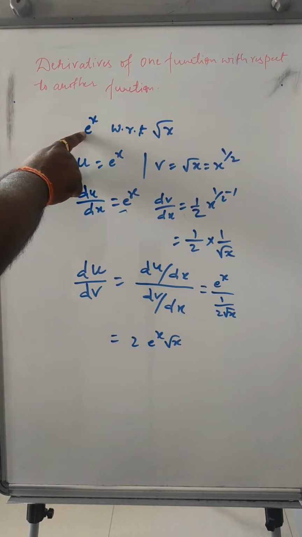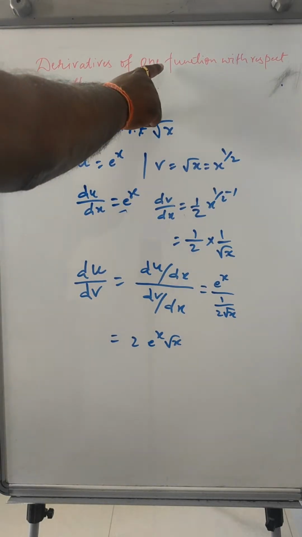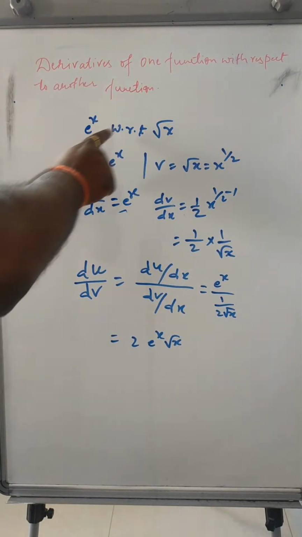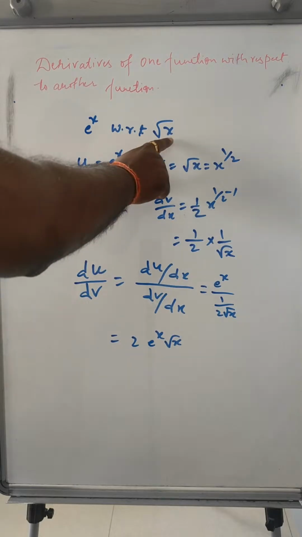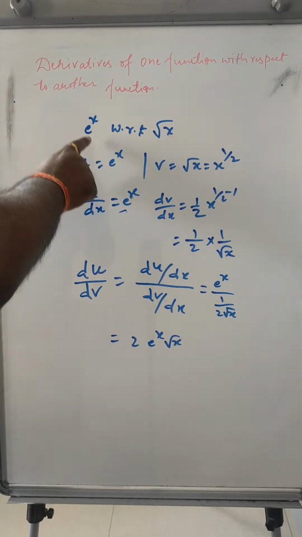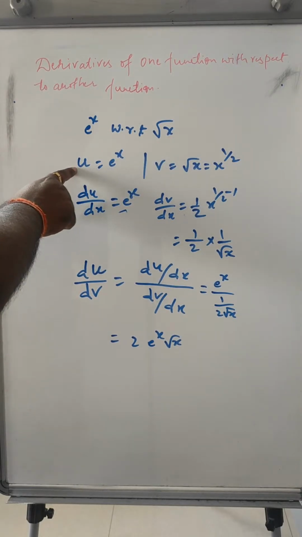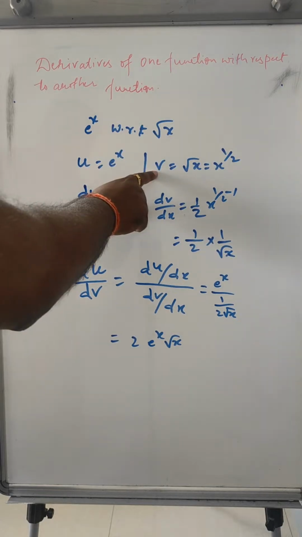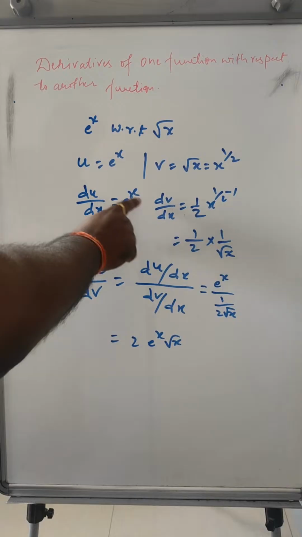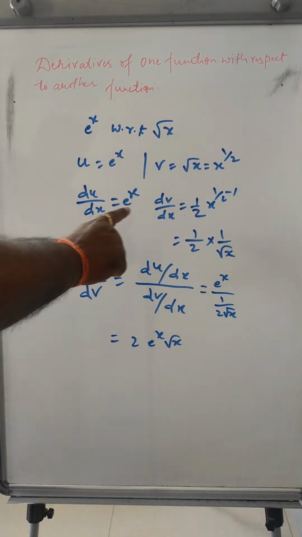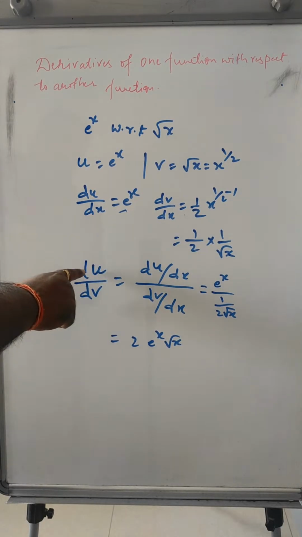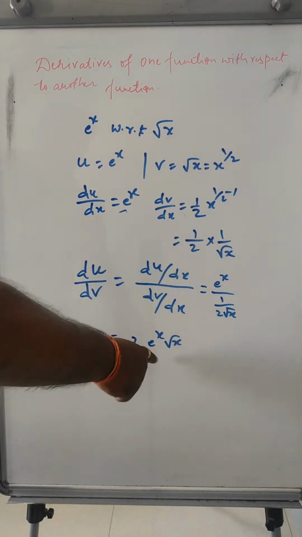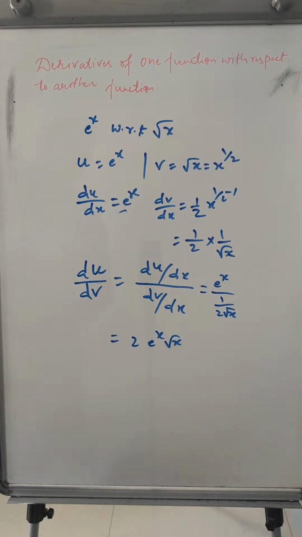So this is under the chapter derivatives of one function with respect to another function. Here e to the power x we have taken as u, and under root x we have taken as v. Then we have done the differentiation, and now du by dv is this value divided by this value. So you have the required answer.